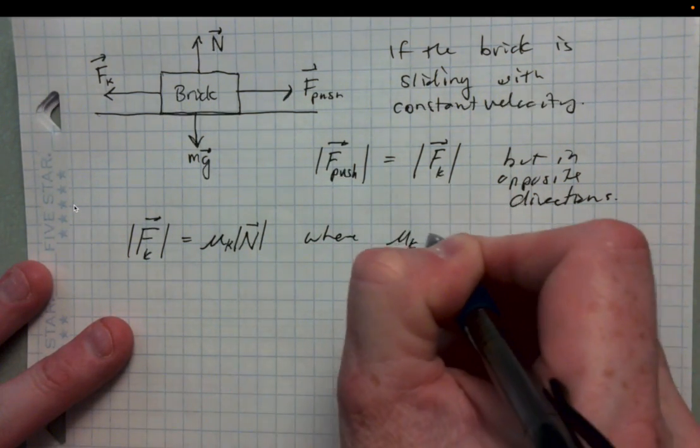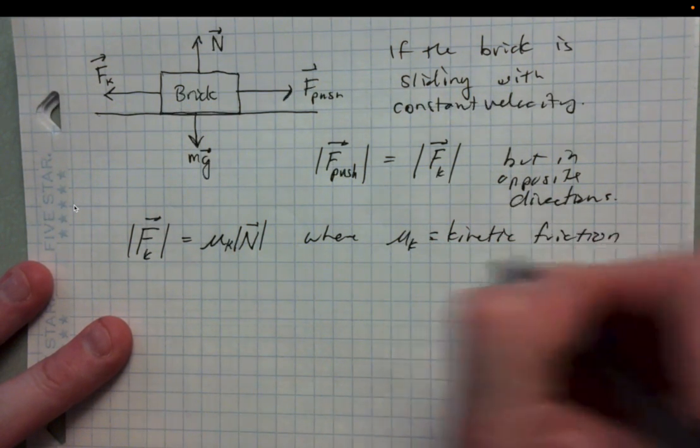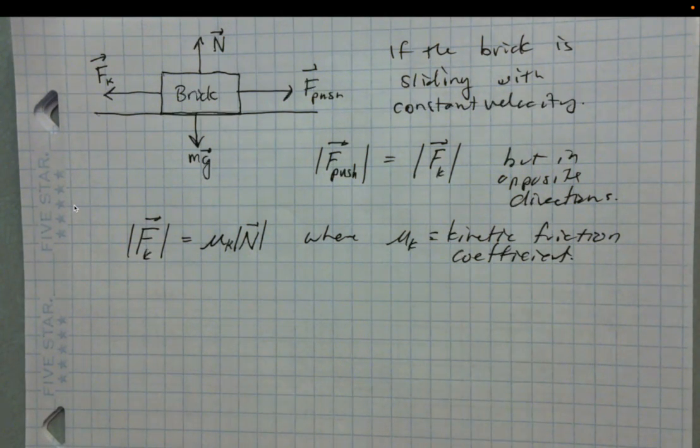So mu sub k is the kinetic friction coefficient. It's a unitless scalar quantity that depends on the material. Some materials are really slick, some are really rough, some resist sliding less, some resist sliding more. So the force of sliding friction is equal to whatever the normal force of the object is at the moment, multiplied by this kinetic friction coefficient.